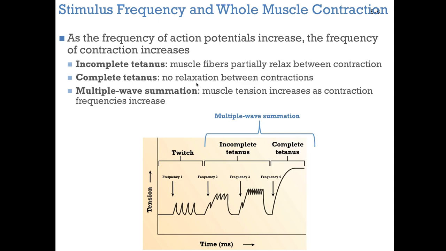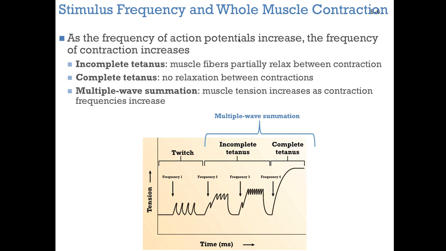Again, this is another type of summation. So it says, as the frequency of our action potentials increases, the frequency of contraction increases. That makes sense, right? Action potentials are what cause the muscle to contract in the first place. So what is tetanus?